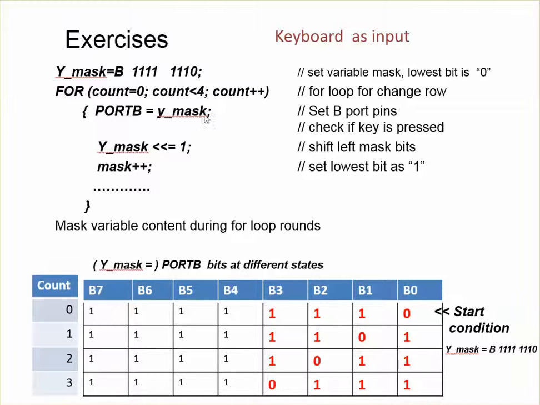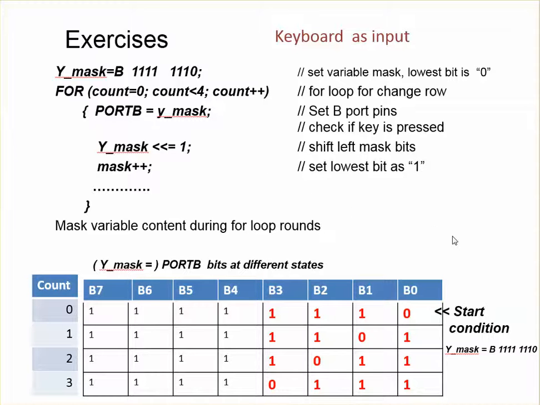And here we will send the mask variable value to P port, and here we are shifting the mask variable one place to the left side, and here we need this command.